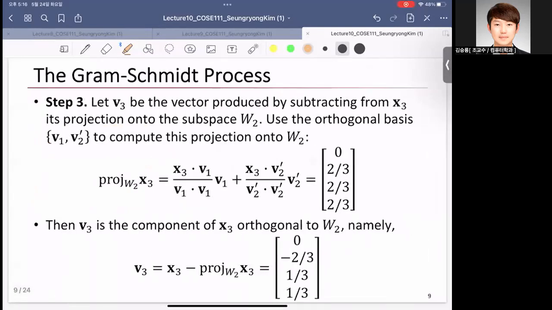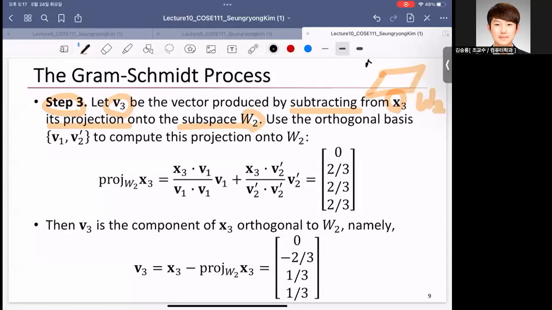Finally, in step 3, we have to find v3. Let v3 be the vector produced by subtracting from x3 its projection onto the subspace W2. So in other words, let's read through again. We already have W2 spanned by v1 and v2.